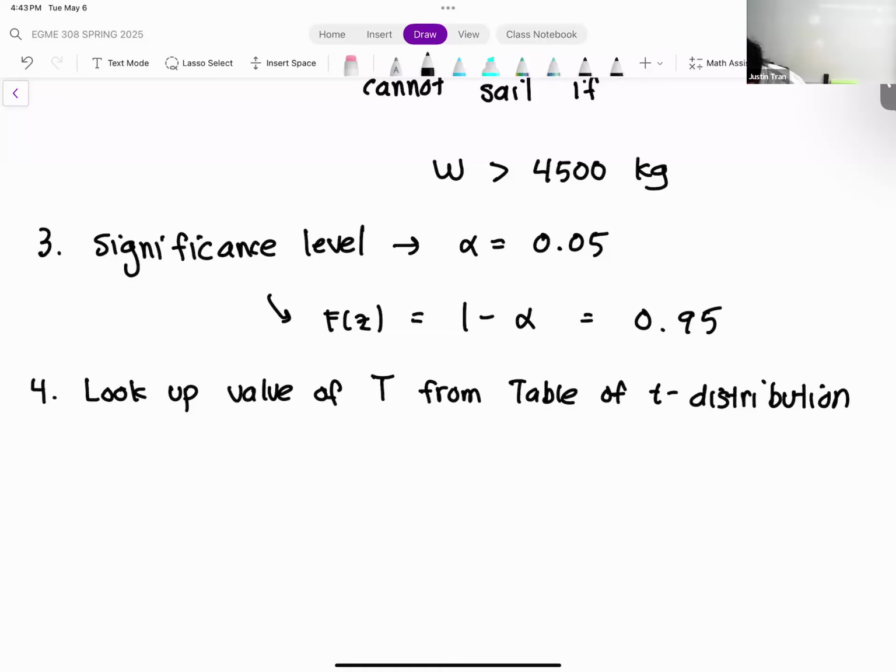Okay, good. So for our particular case, with a value for F of z of 0.95, our degrees of freedom is n minus 1, which is 99. Unfortunately, the table doesn't have 99, but does have 100. And so for an F of z of 0.95, we get t equal to 1.66.